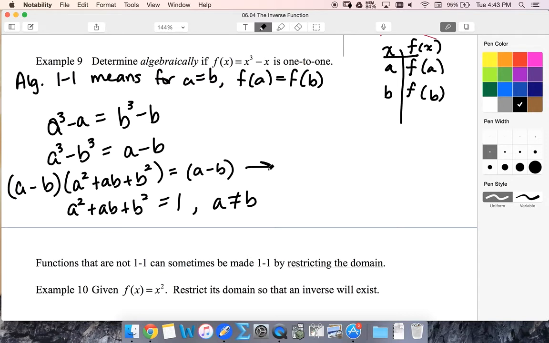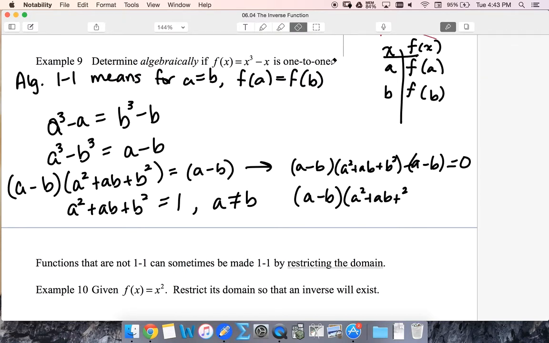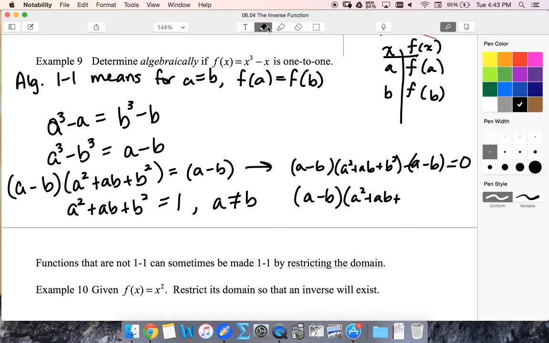Another way we could have done this is to set it equal to 0. So if I set it equal to 0, I would have a minus b times a squared plus ab plus b squared, minus a minus b, equals 0. I could factor out the a minus b and be left with a squared plus ab plus b squared minus 1 equals 0.